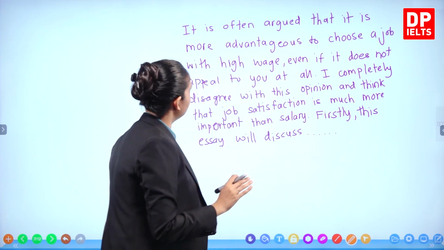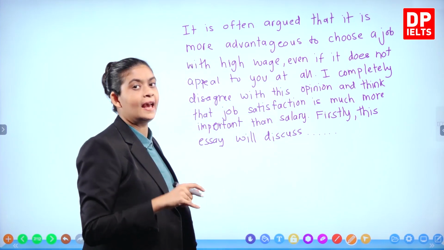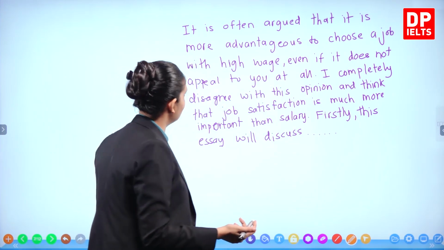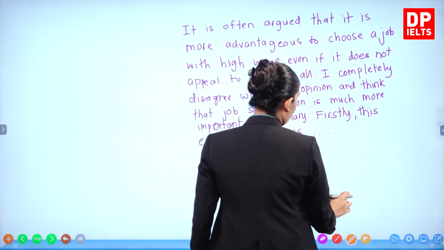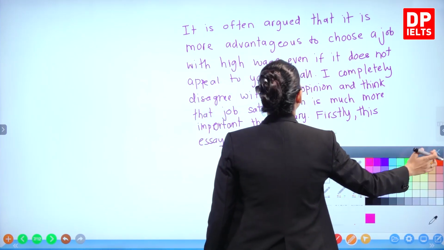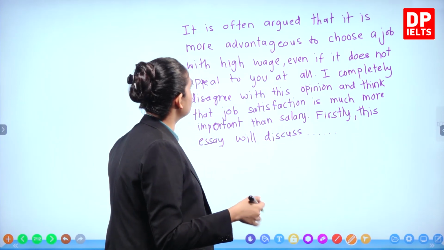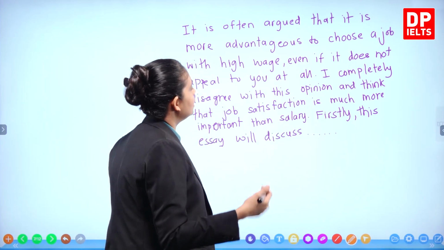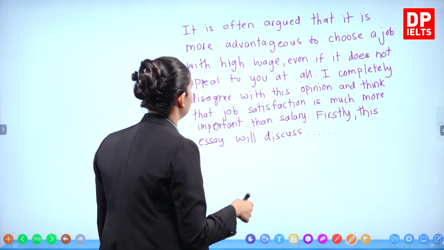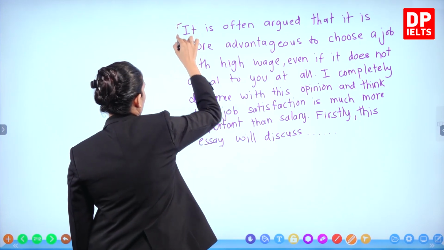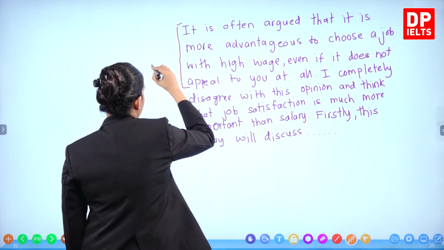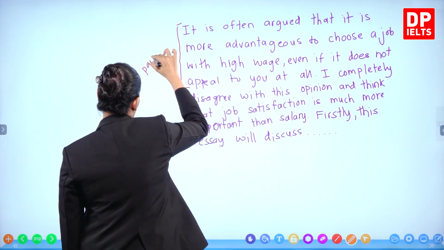Right. So here I have first paraphrased the question, right? It is often argued that it is more advantageous to choose a job with high wage even if it does not appeal to you at all. So this is like the question paraphrased.